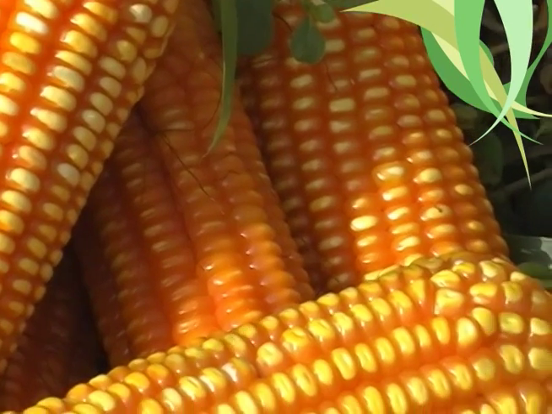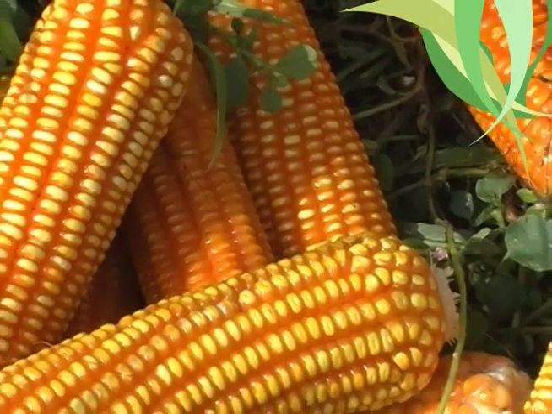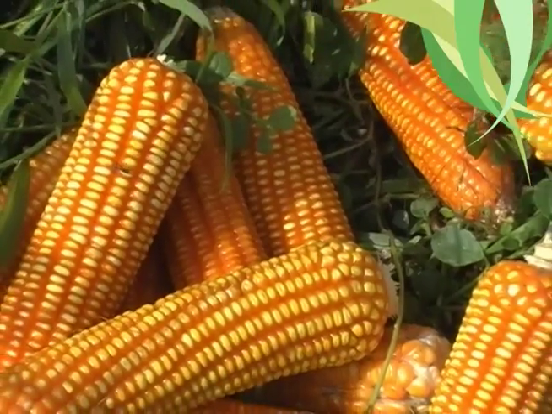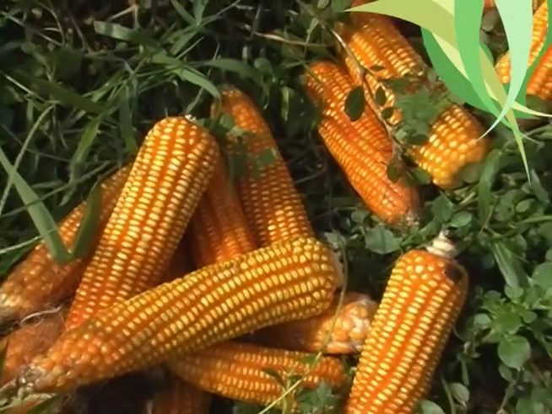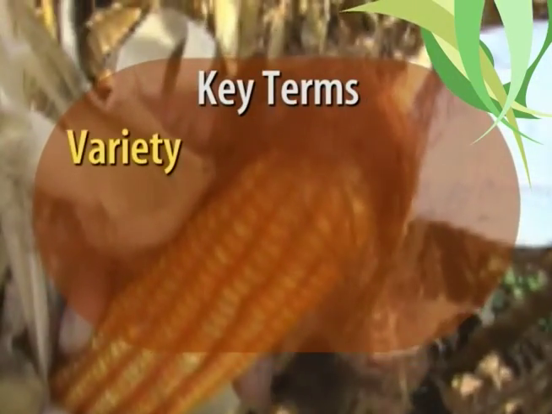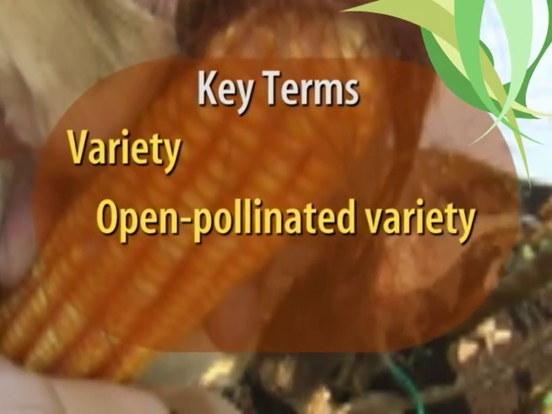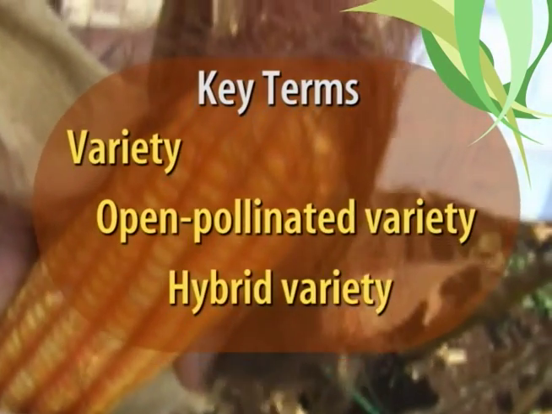Before we go into the details, let us first differentiate some of the key terminologies that you will be hearing often when talking about choosing the right variety. These are variety, open pollinated variety, and hybrid variety.